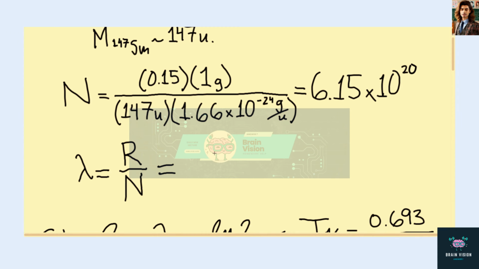Now that we have a figure for n, we can divide into the activity value we were given of 120 decays per second.